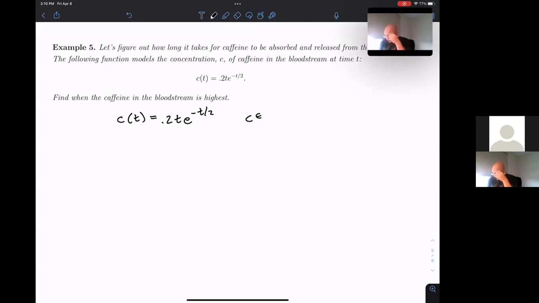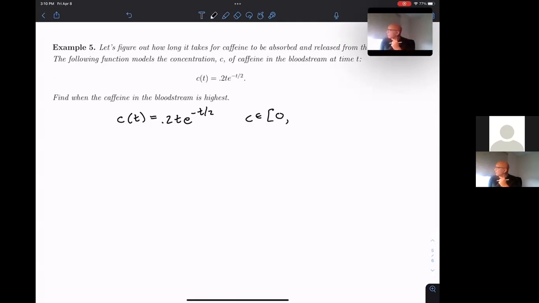So in this case, let's think about what times t make sense here. Certainly a lower bound which makes sense is 0. And I technically could allow it to be 0, so I could make it a closed bracket at 0 if I wanted to. I doubt that 0 is the right answer, but fine. And what's the largest t value that makes sense here?